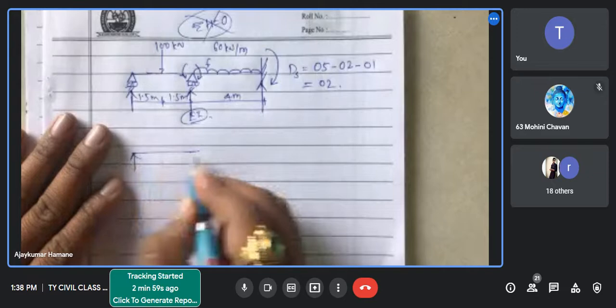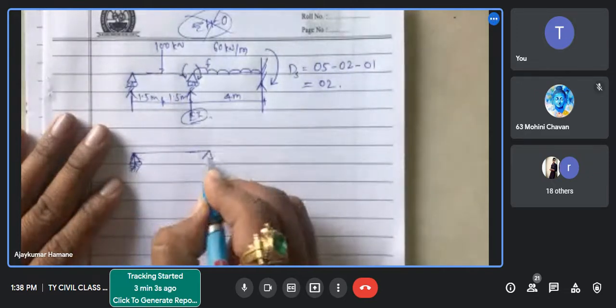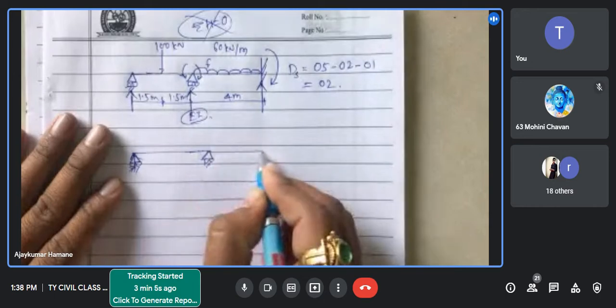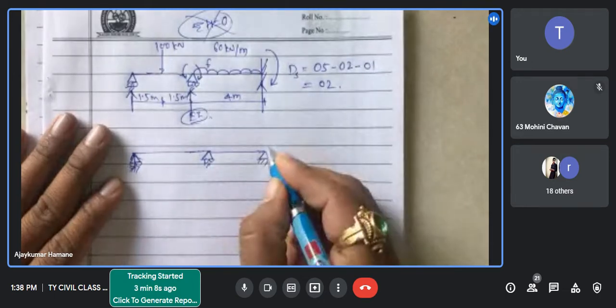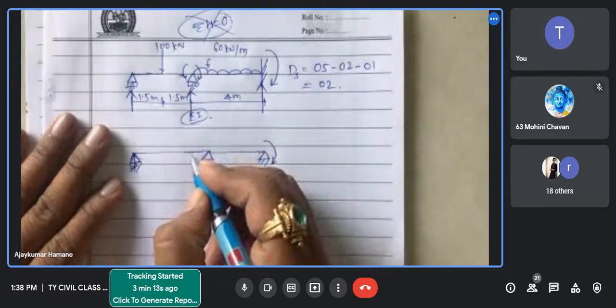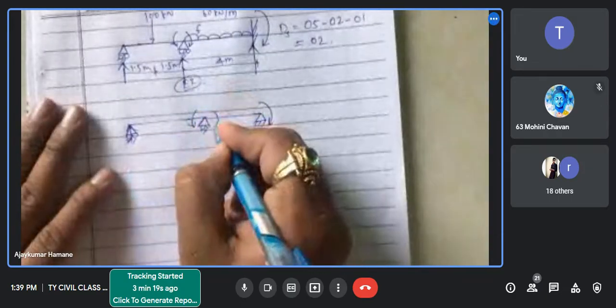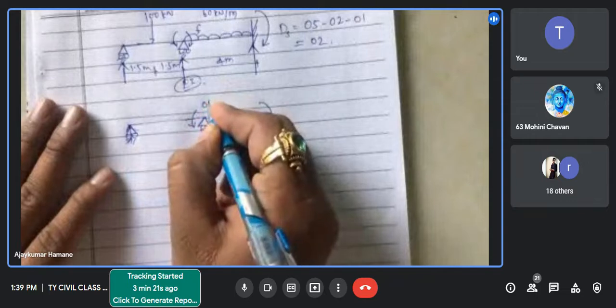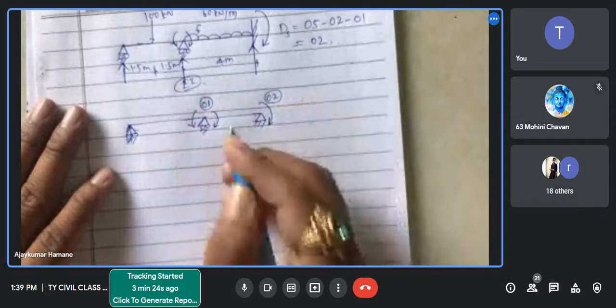To assign the redundants, the roller support here becomes a pin support, and we have assigned this one. And we are given the coordinates, one coordinate and a second coordinate.